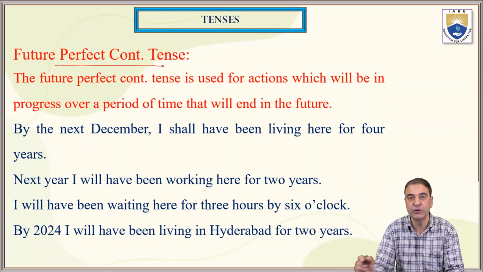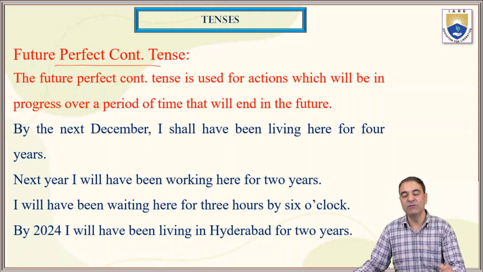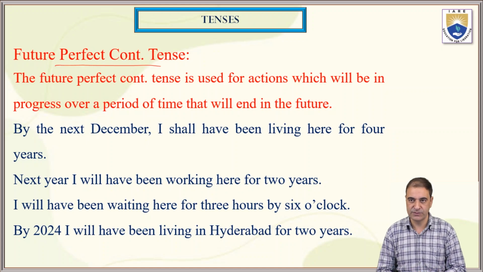The next one is the future perfect continuous tense. The future perfect continuous tense is used for an action which will be in progress over a period of time that will end in the future. There's only one difference between future perfect and future perfect continuous, and that's the difference of continuous.